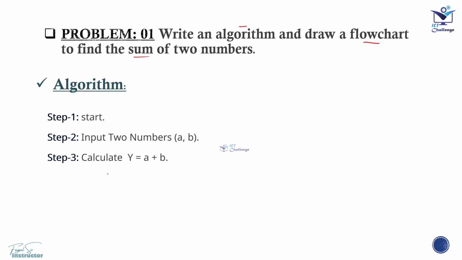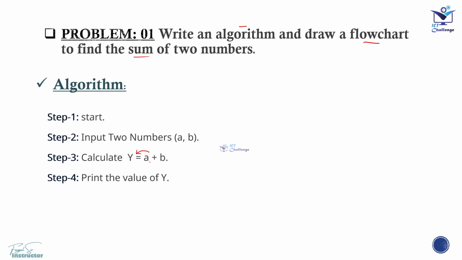So here step number 3, after inputting those values I have to calculate. That's why we use y. This is our another variable, y equals a plus b. That means if I add those values a and b, the solution should be carried by this y. So here y must carry the result of this equation. After having this result, we have to print the value.